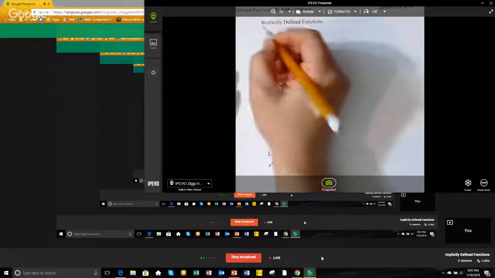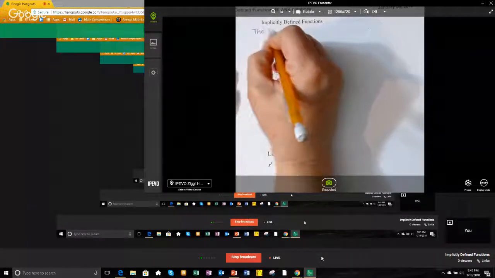All right, we're going to discuss implicitly defined functions. There is a relation. Now, a relation is not a function and it doesn't pass the vertical line test, but there is a very famous relation that we use in trig a lot, and that happens to be the unit circle. So I'm going to write down the unit circle.